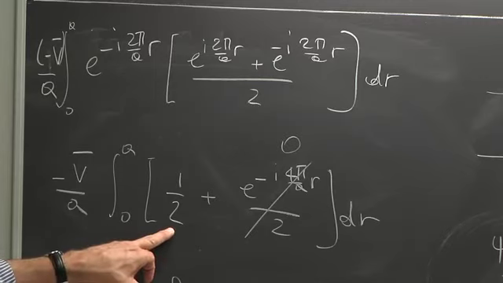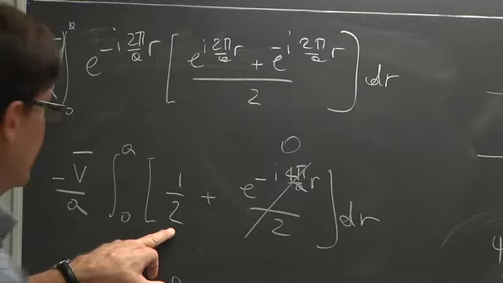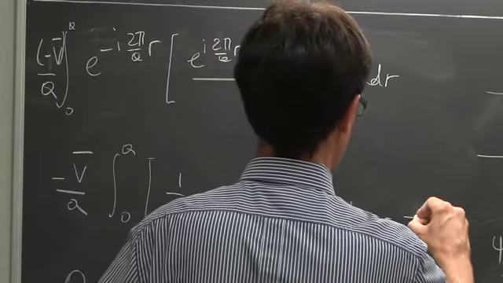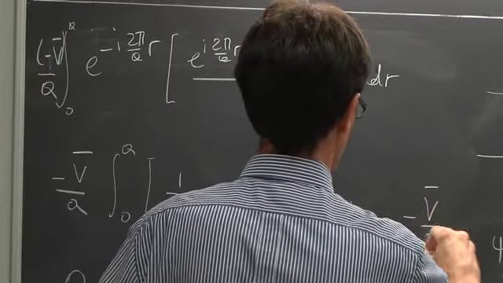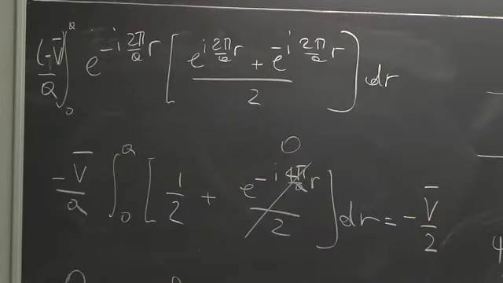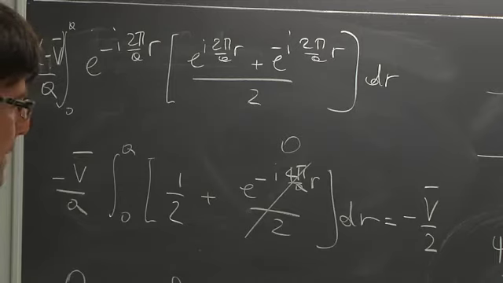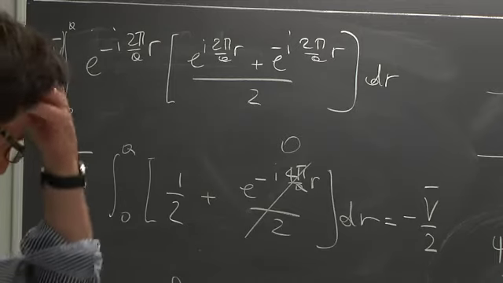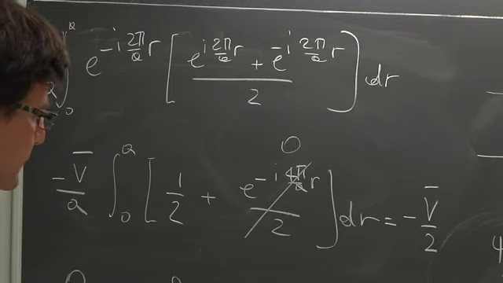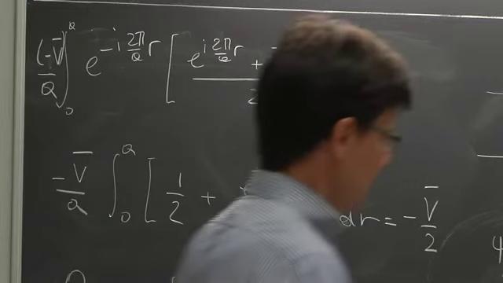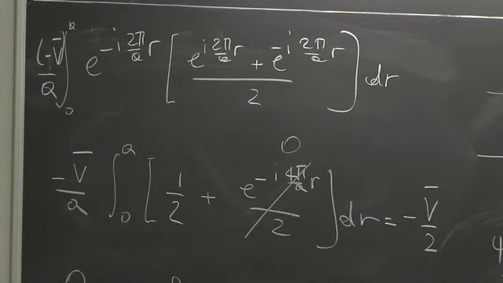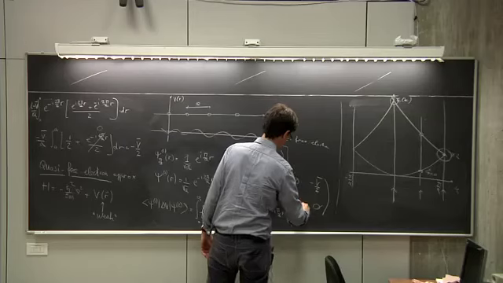And the first part is just a over 2. It's a constant. So the result of this is minus v bar over 2. Okay, minus v bar over 2, minus v bar over 2.